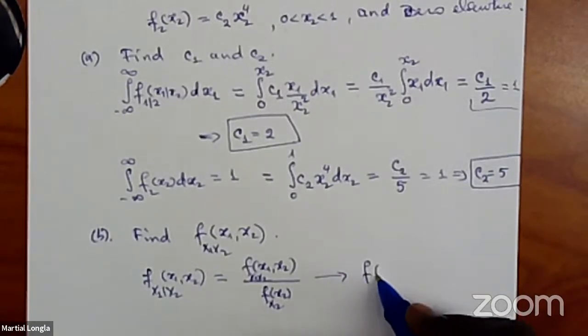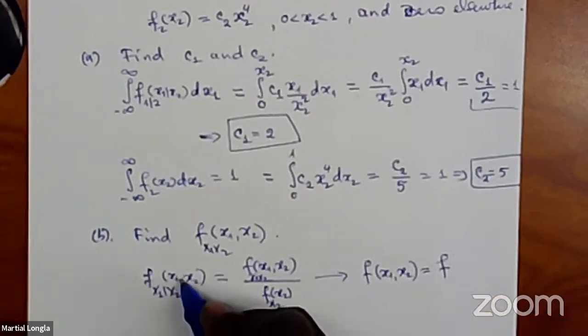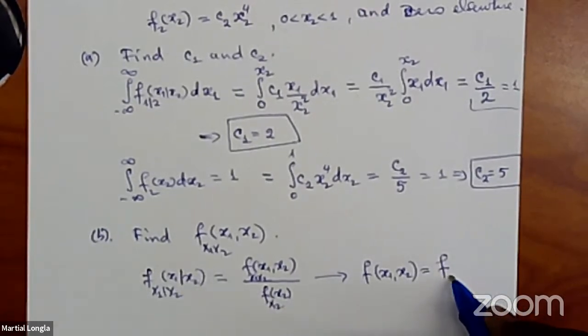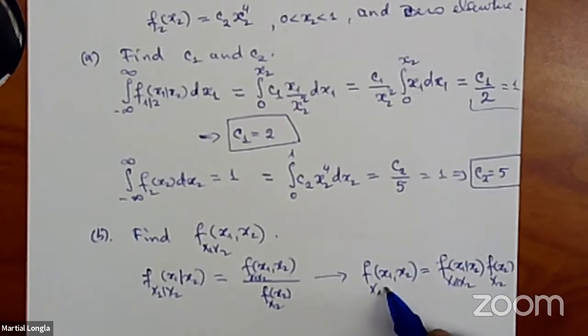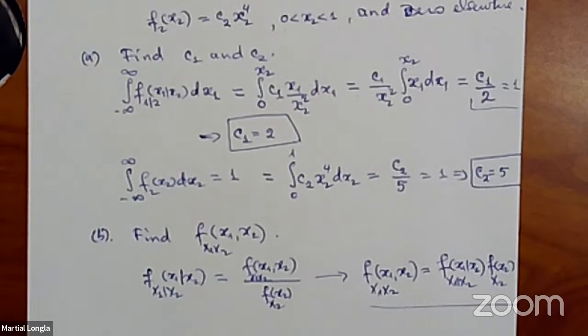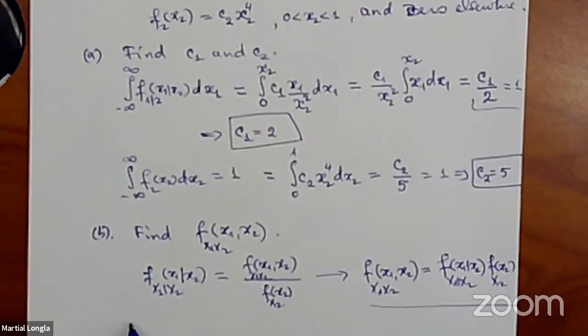From that definition, that's what you get. The joint distribution is just the product of that conditional distribution and the marginal distribution of x2.